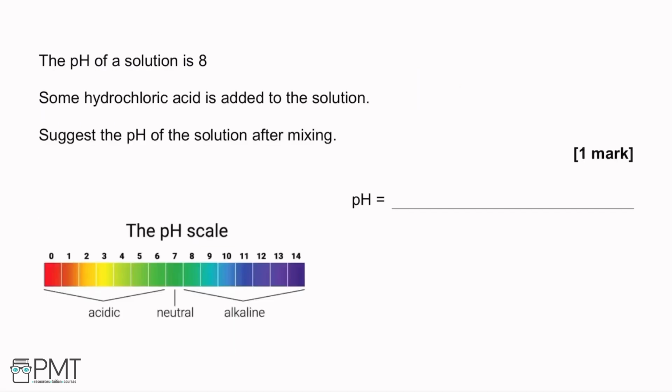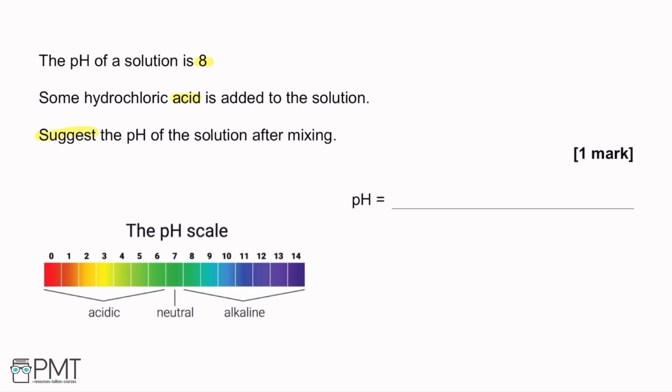The pH of a solution is 8. Some hydrochloric acid is added to the solution. Suggest the pH of the solution after mixing. So this is a suggest question, which means that there are more than one right answers. Okay, so let's think about a pH of 8.